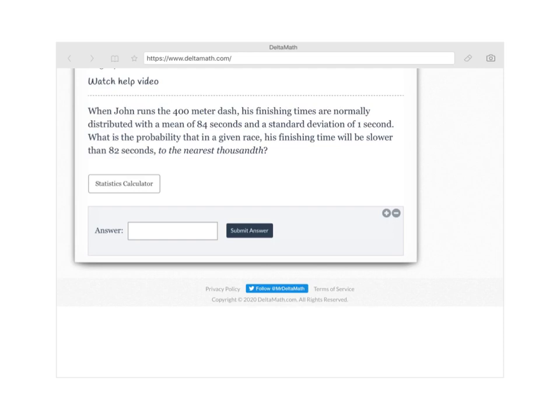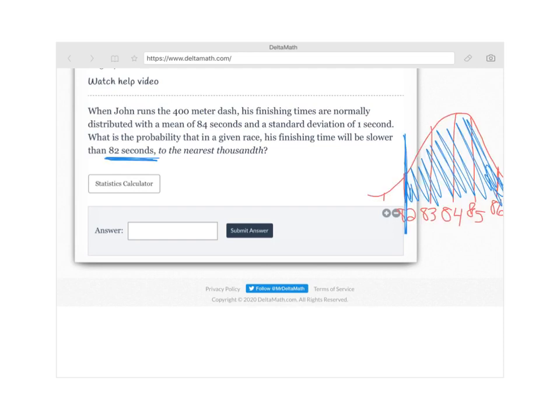So we have to be careful here though, because slower than 82, sometimes that makes me think smaller, but slower would actually be larger. So we're finding everything from here and up because slower times, as I said, would be more time. So we expect a pretty big percentage heading up towards 100%, not quite 100% when we go and do this calculation.